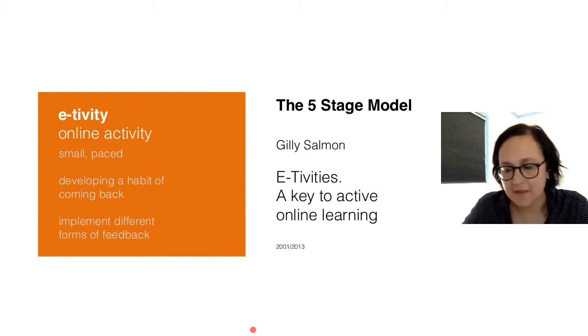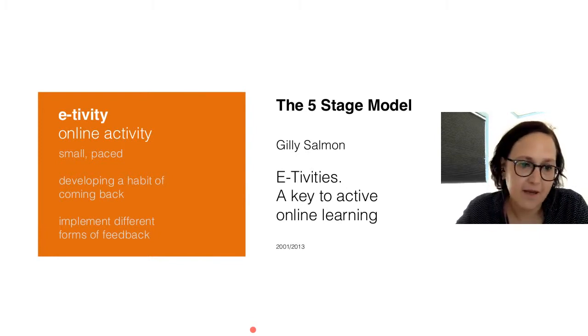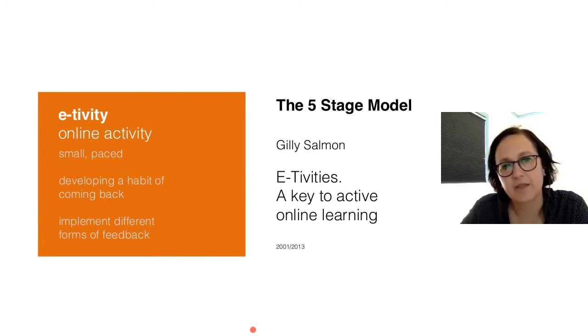Okay, in the center of this five-stage model, we have something important for collaboration. These are the elements she calls activities, which is basically an online activity. This could be very, very small pieces of activity or short activities.